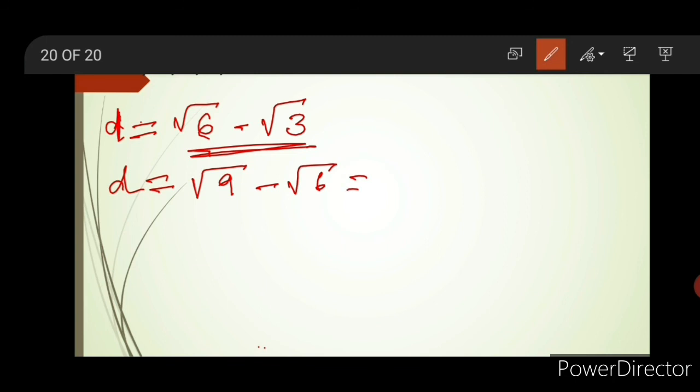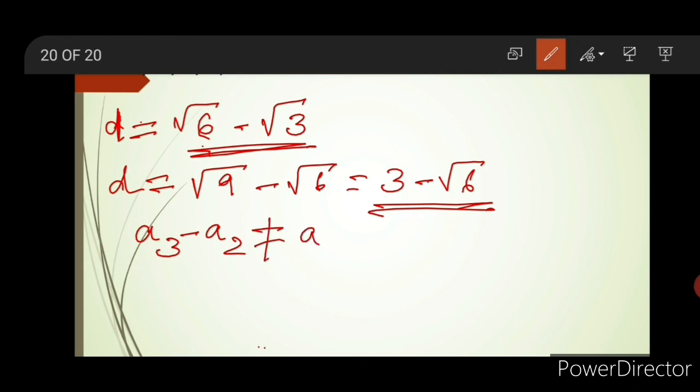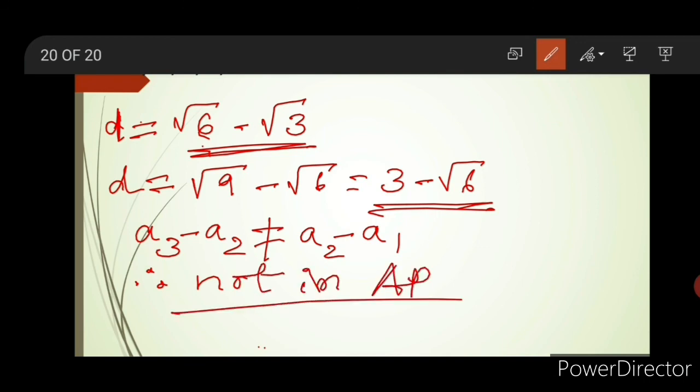Root 9 is 3, minus root 6. Are they the same? No. Here we have root 6 minus root 3, and here 3 minus root 6. So they are not equal. That means A3 minus A2 is not equal to A2 minus A1. Therefore, they are not in AP.